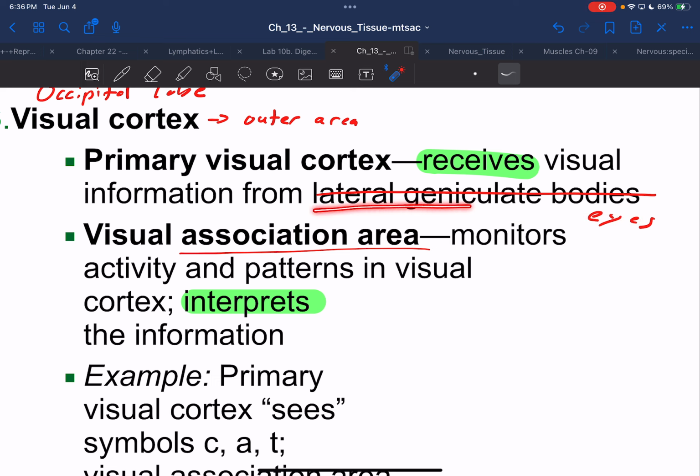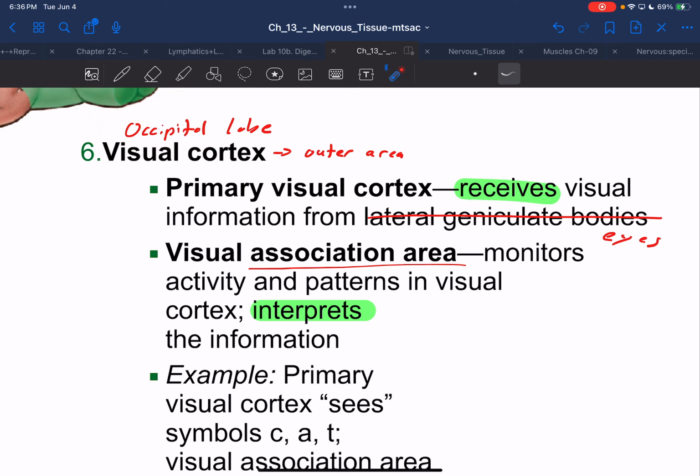This is accurate, but this is more complex. But we're simplifying this. You're going to eventually receive it from the eyes, and then they connect to this. But we don't care about this beyond the scope of this class. So the eyes send impulses to that occipital lobe eventually.